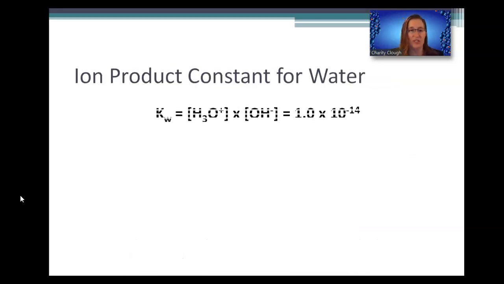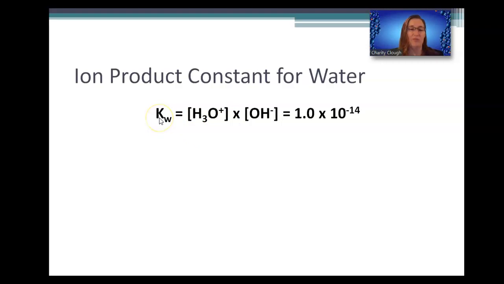That constant is called Kw. The K is something that if you take any more chemistry, you'll likely study equilibriums, and you'll learn a lot about that. So this is the equilibrium constant for water. The big K is equilibrium constant. We won't do anything else with that term in this section, but you just think about it as the constant for water. When you see the brackets here, the brackets mean concentration.